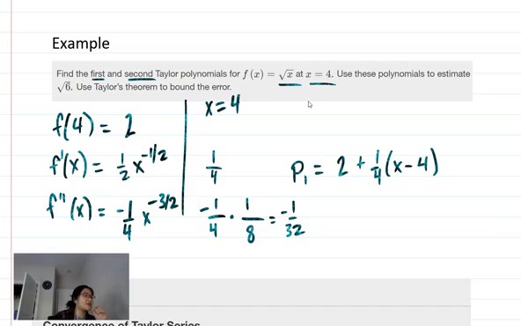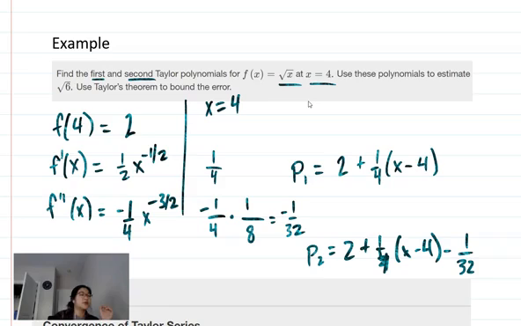And so we have our P2 is 2 plus 1/4 x minus 4 minus 1 over 32, but then divided by 2 factorial, so that's times 2 x minus 4 squared.